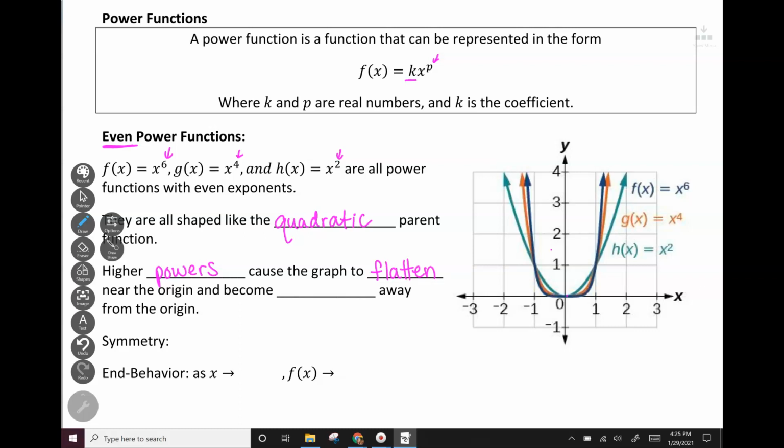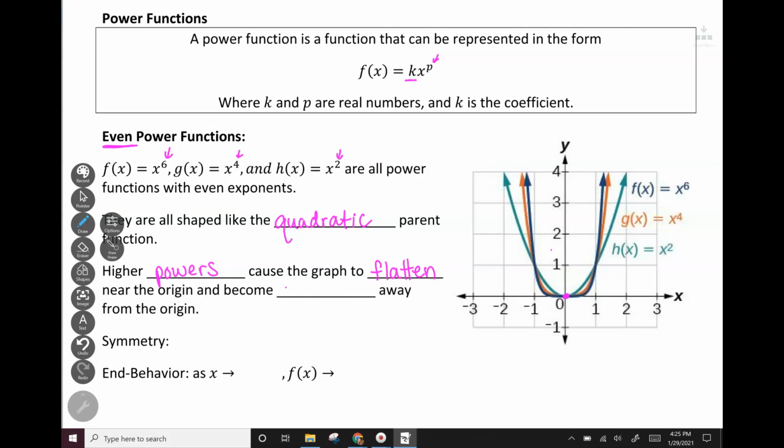If you look close to 0, 0, you'll see that the higher the power is, the more flat it is at the origin. The navy blue is the flattest because it's x to the 6th, the highest power we have here. And then x squared is the least flat because it's the lowest exponent you have there.